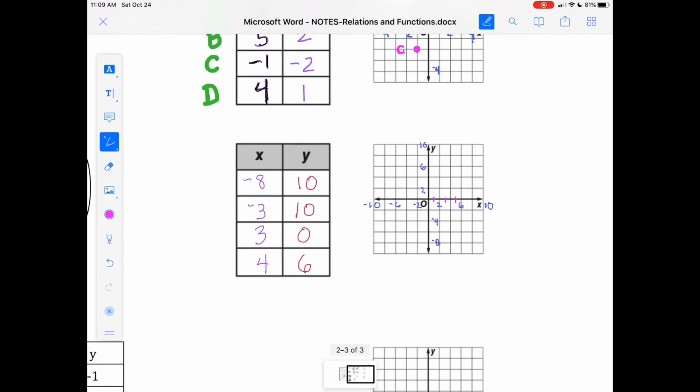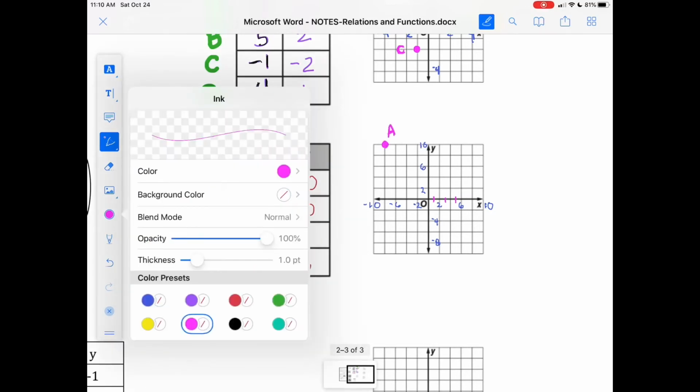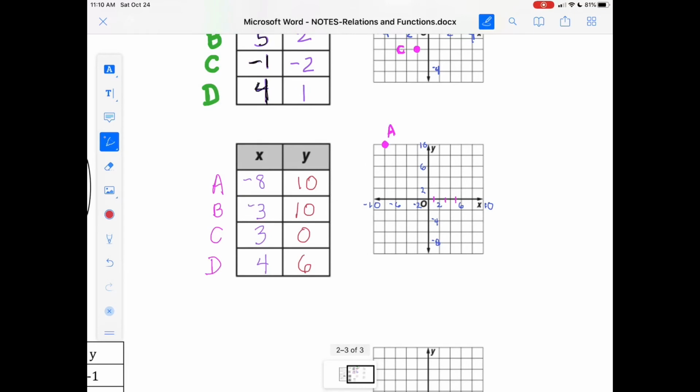So let's start by assigning letters to these coordinates. So if we were to do that, our A is telling us to go to the left 8, 10 up. So A would be right there. Point B is telling us to go -3, so 3 to the left and 10 up.